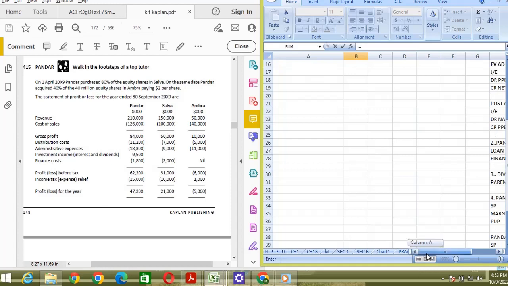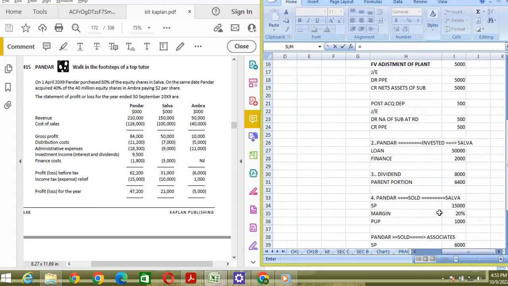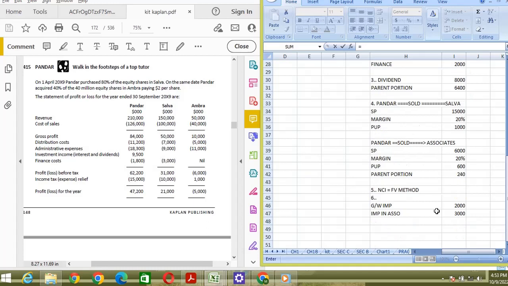Don't apportion it like we used to do in case of a subsidiary, the parent portion and NCI portion of goodwill impairment. We don't have to do this in case of associates. In associates it is clearly indicated in the question, the parent's impairment of the investment in associates is this amount. Simply put this amount. Nothing else we have to do.